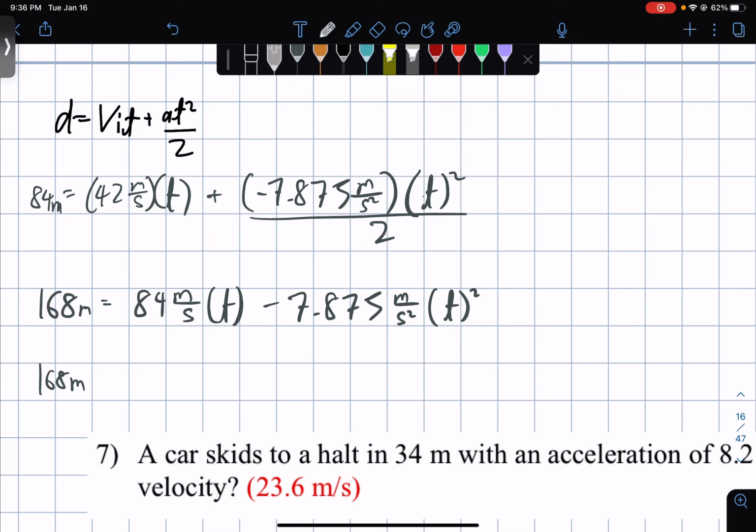Yeah, I think it's best to place everything under a radical sign. So 168, that's 1384.